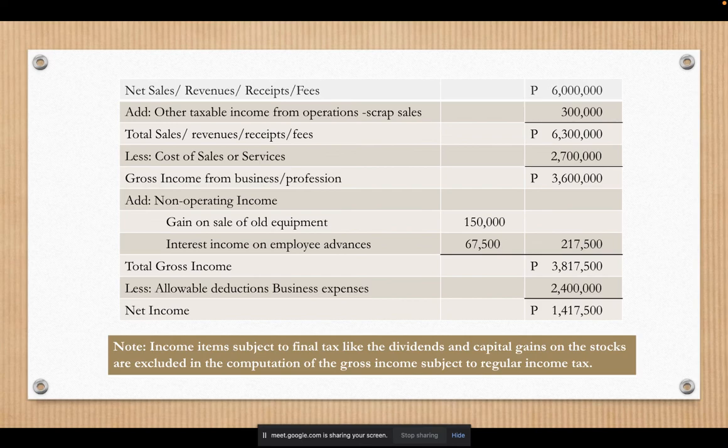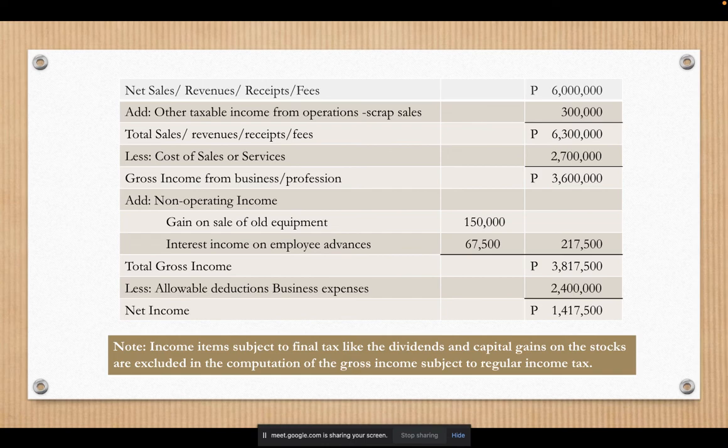Then we add the non-operating income of 150,000 from gain on sale of old equipment and interest income on employee advances. These two are not subjected to capital gains tax or final taxes, so they are added as part of the gross income. So it impacts your gross income. So added that, your total gross income will now be 3,817,500.